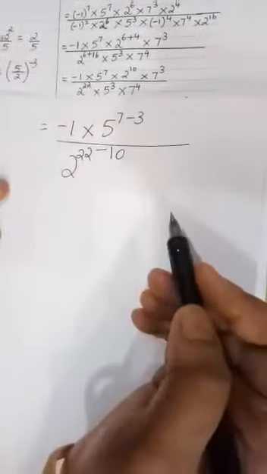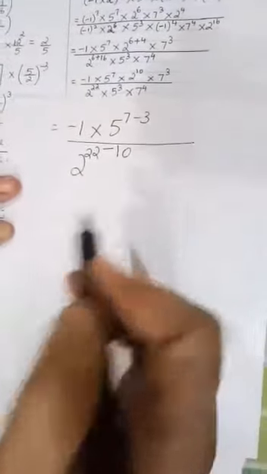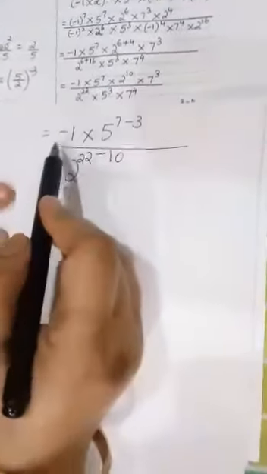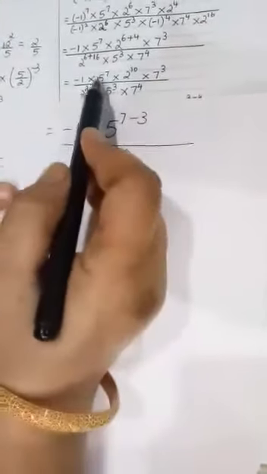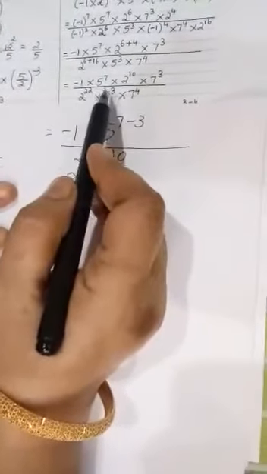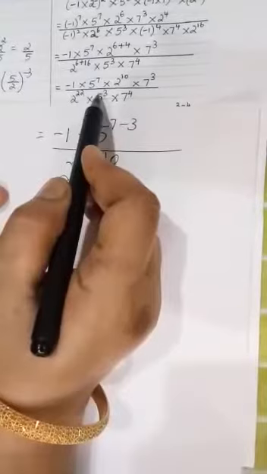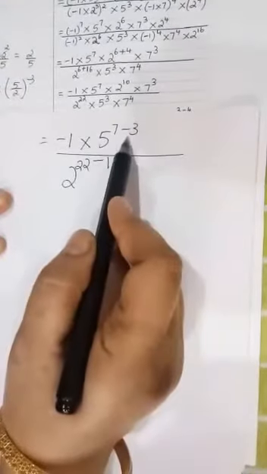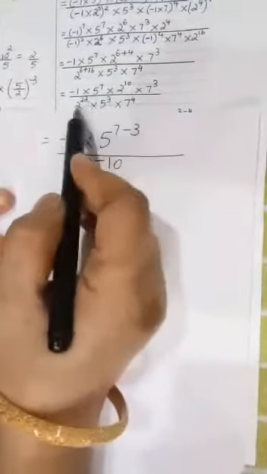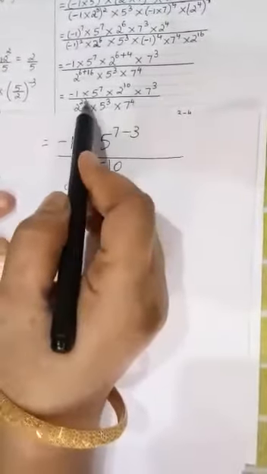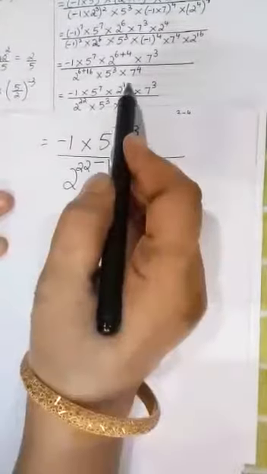Move the smaller value is what I'm trying to say. See, I've written minus 1 as it is. 5 to the power 7, 5 cubed. Of these two powers, 3 is small. So move 3. It's in the denominator. Take it up to the numerator as minus 3. Between these two, 10 is a smaller power. So let 2 to the power 22 remain in its place. Let 10 travel.